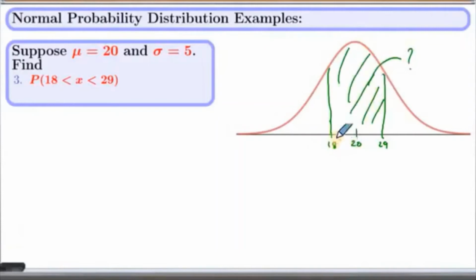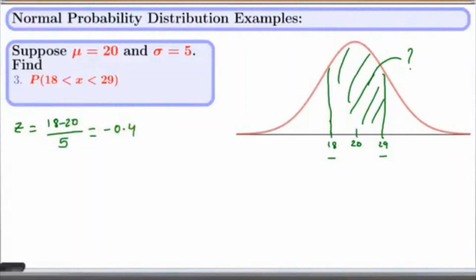If we are trying to work in table, we will need to find z-score for 18 and 29. So let's do that. For 18, our z-score would be z equals 18 minus 20 over 5, which comes out to be negative 0.4.